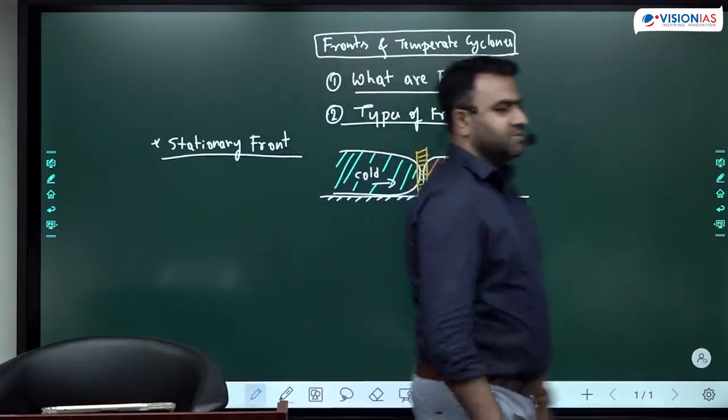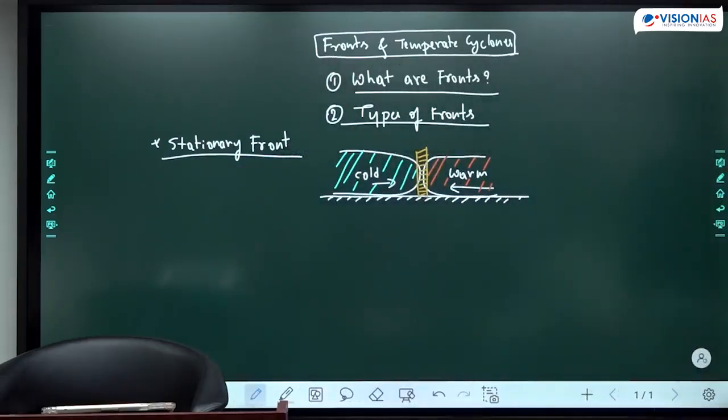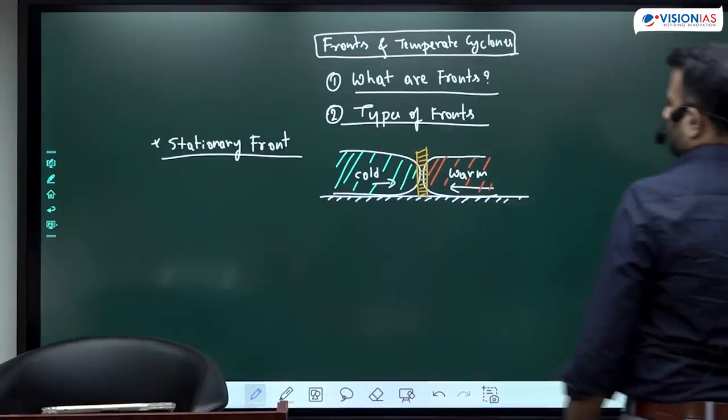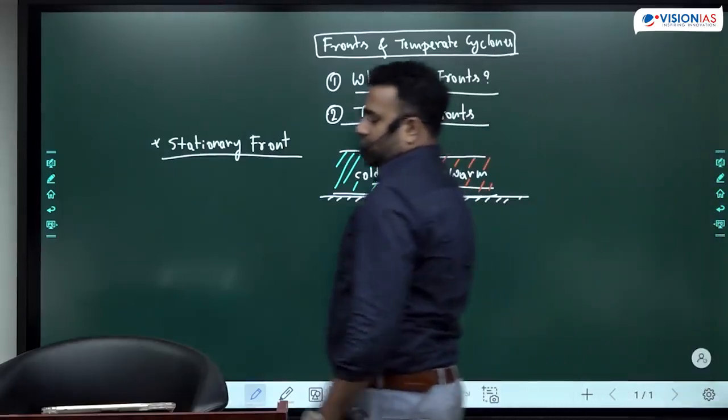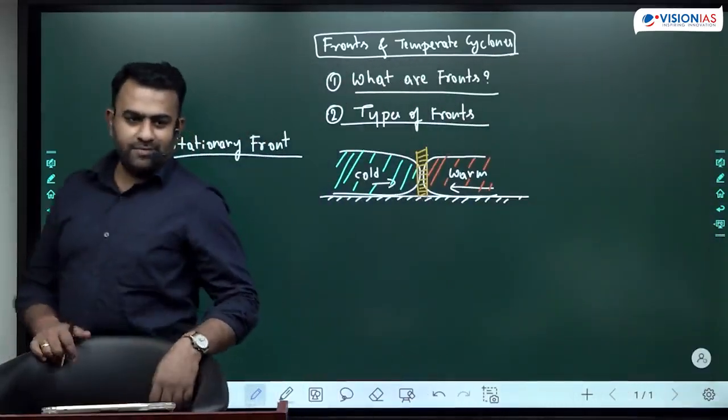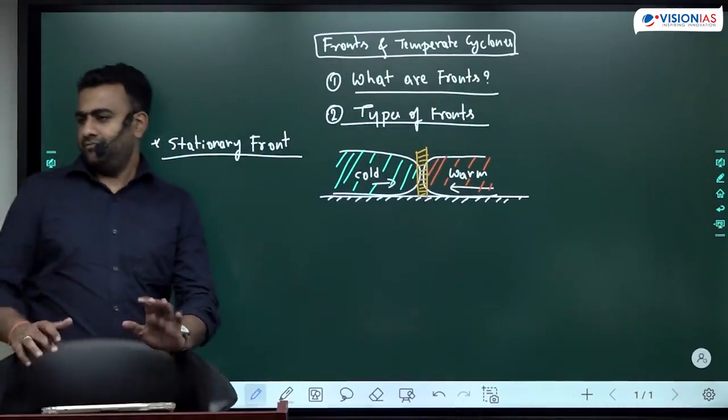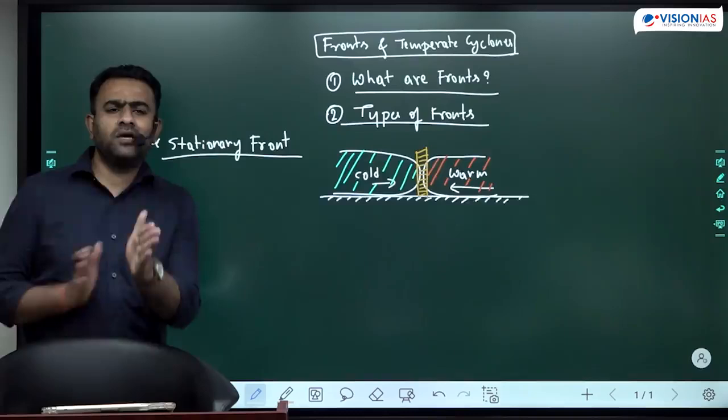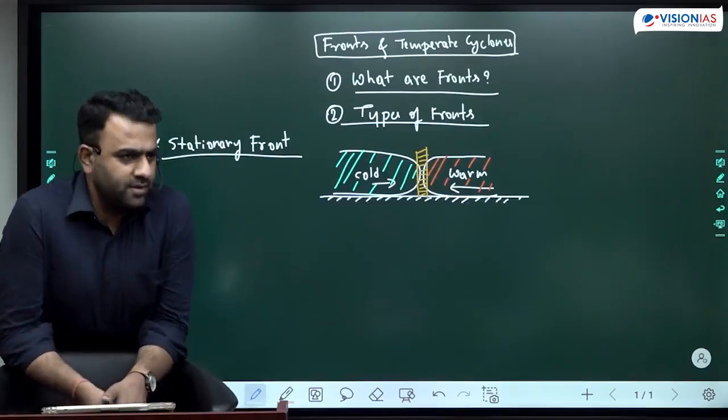So here there is just a front, there is not much movement. A front which is not at all moving, stationary front. Because either both the air masses are moving at the same speed, or they are not at all moving, or they are moving parallel to each other.